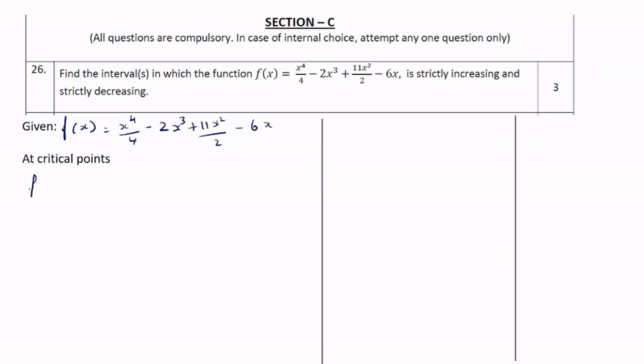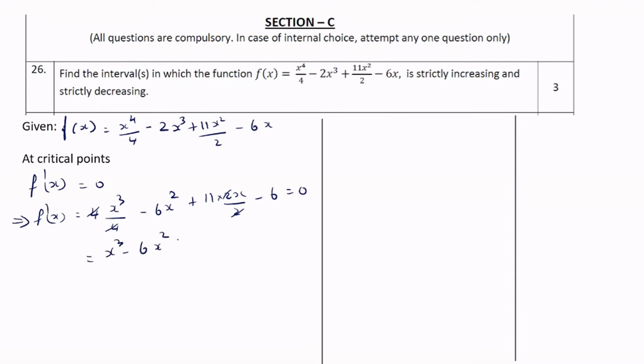At the critical points, f dash of x equal to 0 implies f dash of x equal to 4x cube by 4 minus 6x square plus 11 into 2x by 2 minus 6. This is equal to 0. Or here x cube minus 6x square plus 11x minus 6 equal to 0.